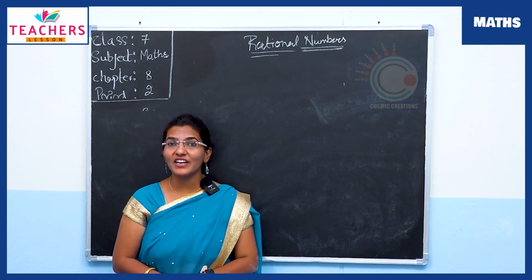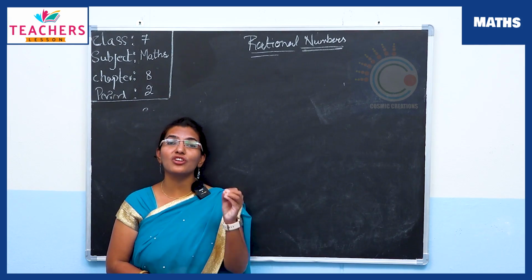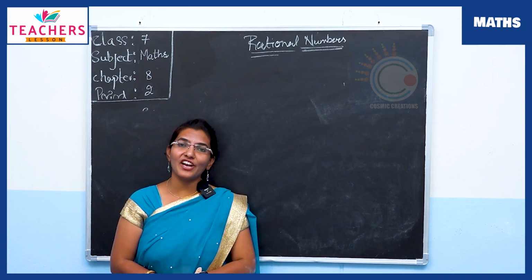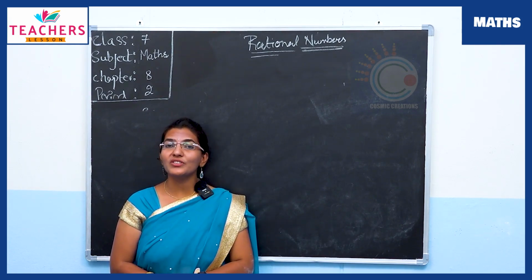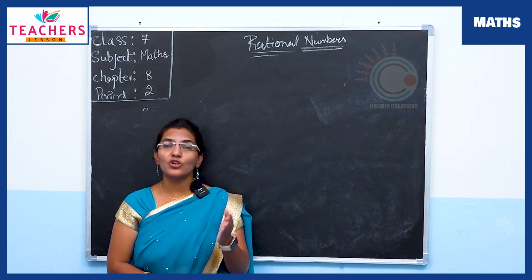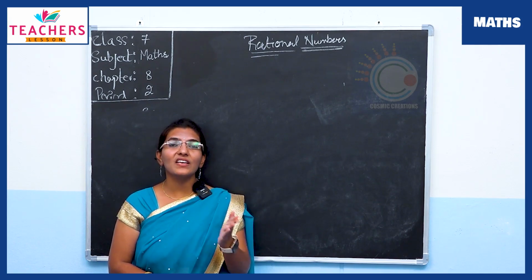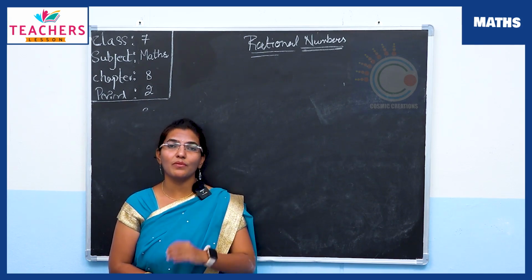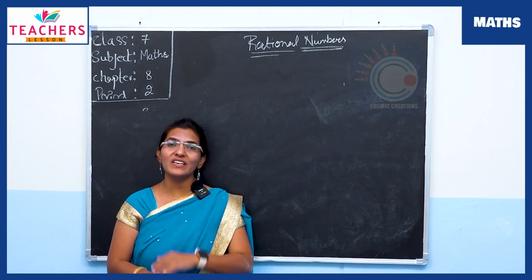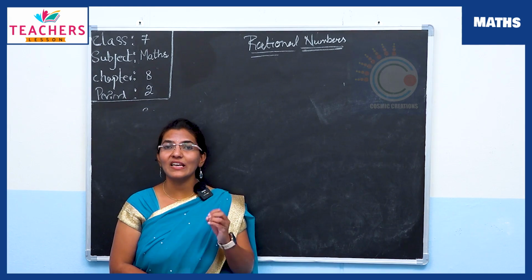Next, what have we studied? Yes, we also studied how to reduce the given rational number into a standard form. So how are we going to reduce into a standard form? We are going to take the common factors and cancel them out, and reduce the given rational numbers into a standard form, right? So this is what we have clearly learned.